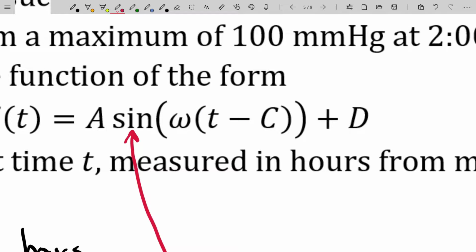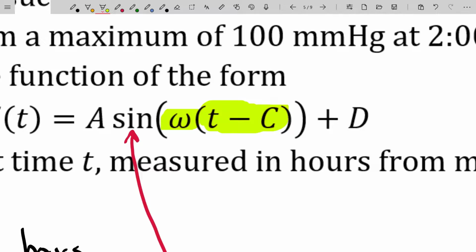However, if it is pre-factored, then you're lucky, because this tells me where I'm starting my graph. If you have some omega times a quantity t minus c, then c is the phase shift.